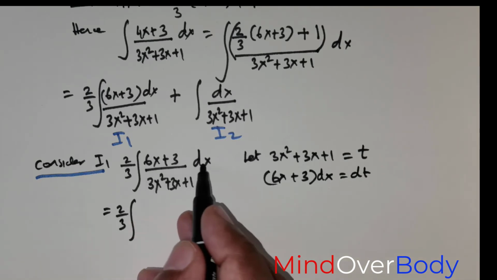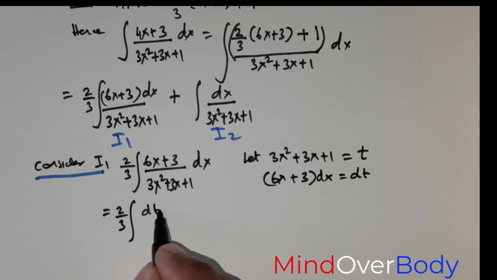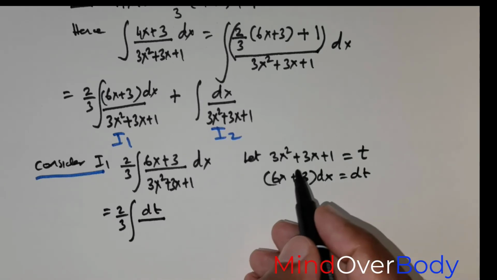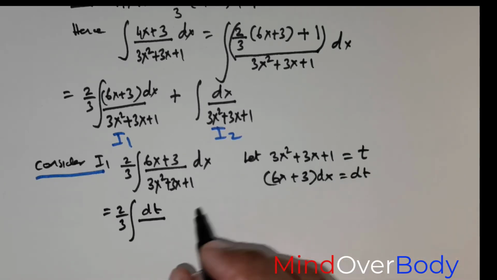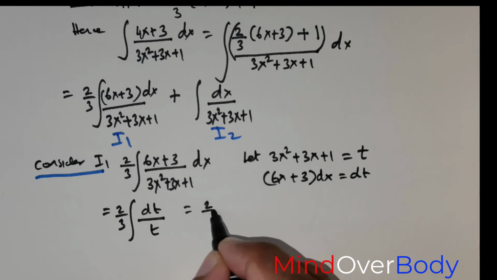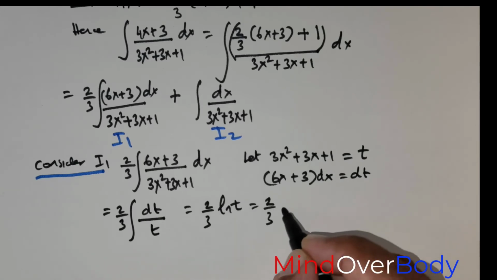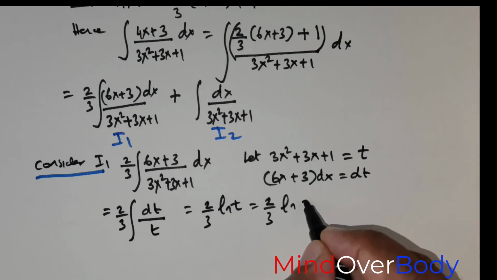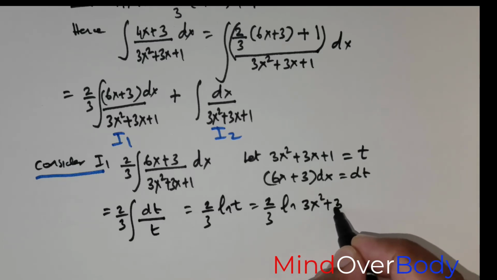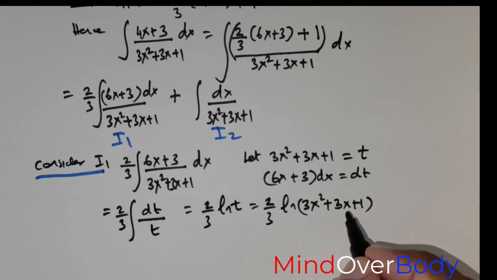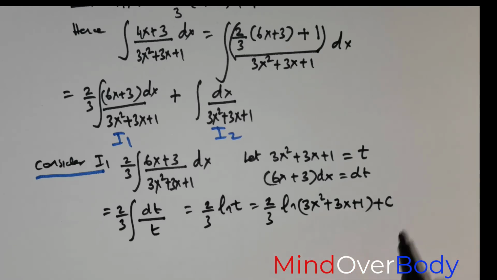In place of (6x + 3) dx is going to be dt, and in place of 3x squared + 3x + 1 is going to be t. This is going to be 2 over 3 ln t, which is 2 over 3 ln of 3x squared + 3x + 1, plus arbitrary constant c. This is for I1.